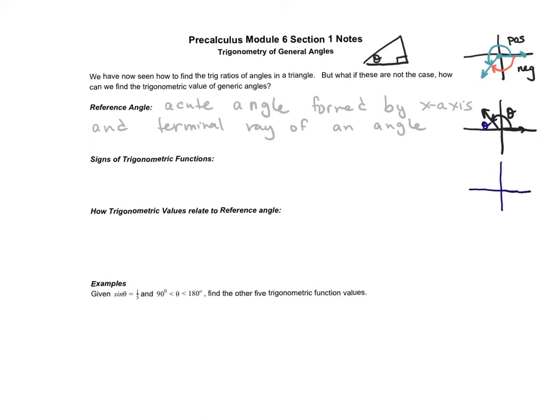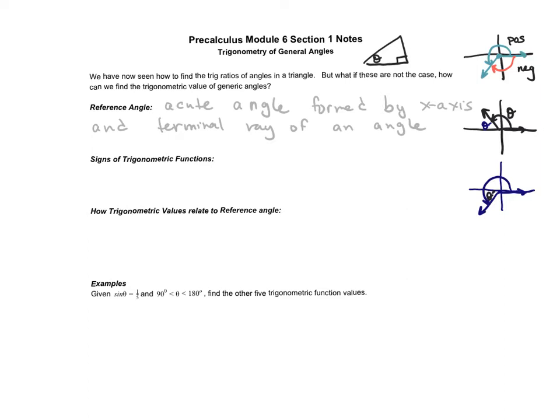If it's in a different quadrant, let's say quadrant 3, so my angle goes all the way around here, well, the acute angle that's formed between this terminal ray and the x-axis would be this little angle in here. So it's the angle left over. Depending on what quadrant you are in, the reference angle can look very different. And reference angles will be very important when we try to actually figure out some of these trig values.